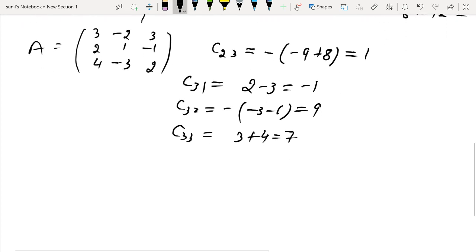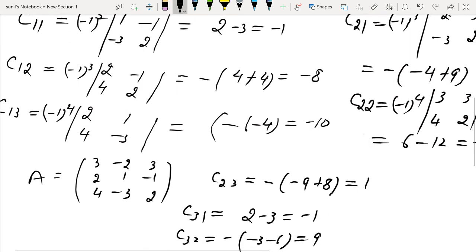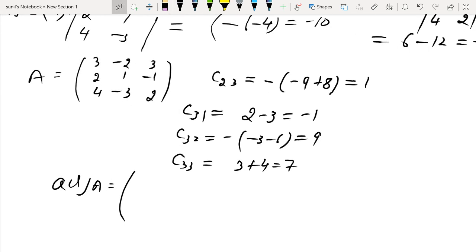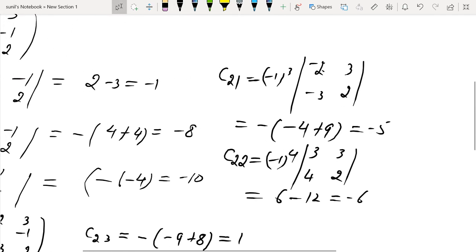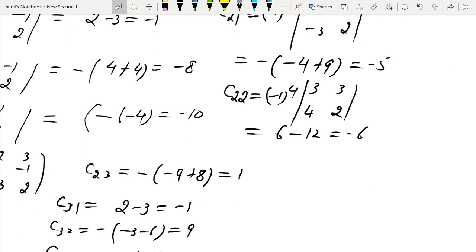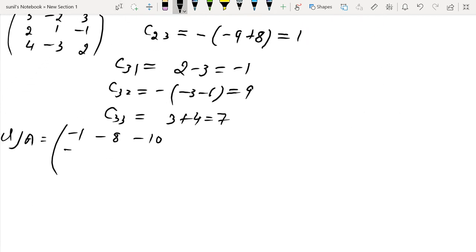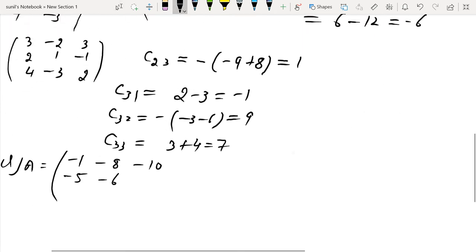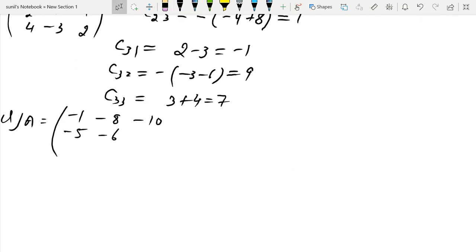Now the adjoint matrix. First row of cofactors: minus 1, minus 8, minus 10. Then the next one: minus 5, minus 6, 1.